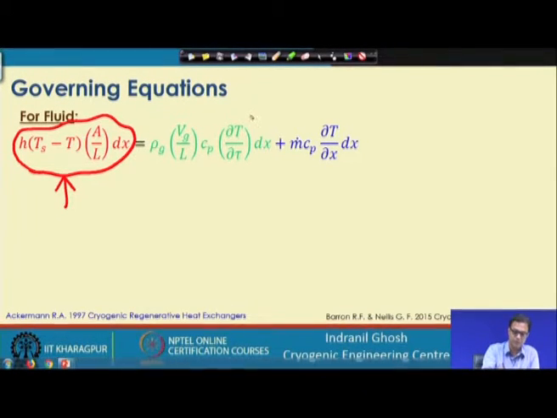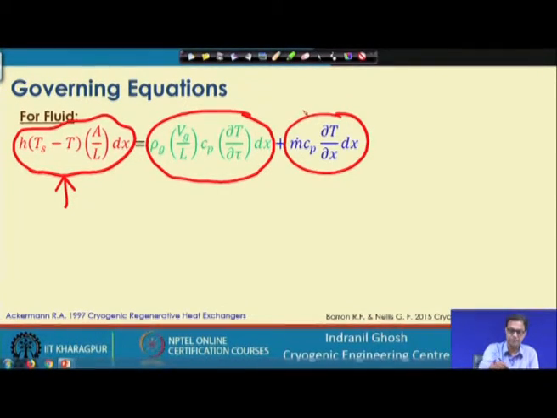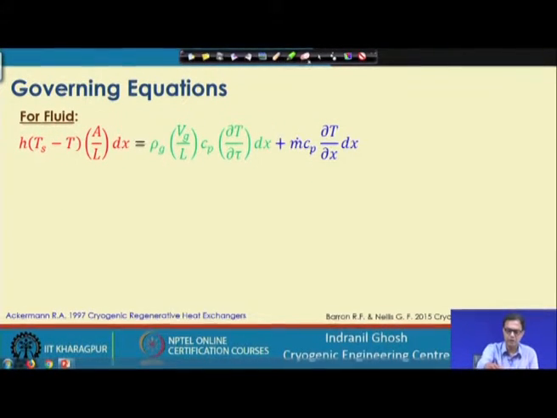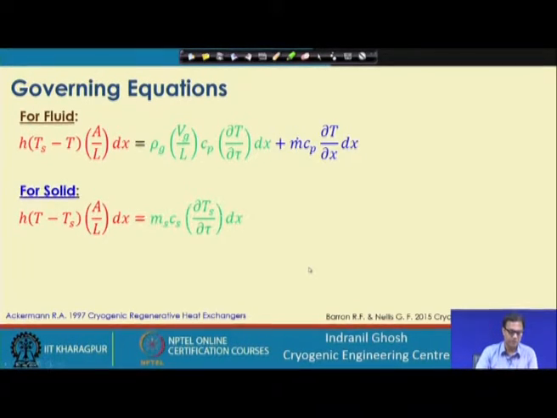And this is the amount of the stored energy in it, and this is the change in the enthalpy. So, that is what is for the fluid. Now, for the solid part, this is the equation written for the solid part, and so these two equations are the governing equations.